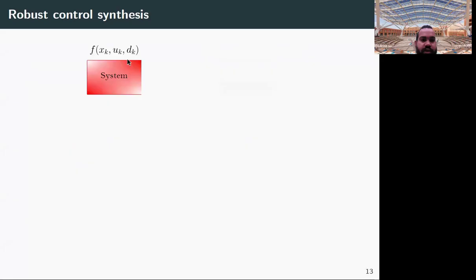Here, for example, we have this disturbance dk, and this disturbance is modeled inside the symbolic abstraction. So when we are constructing our symbolic abstraction, we take into account this disturbance, and then we can as well add more disturbance that is related to the construction of the abstraction.